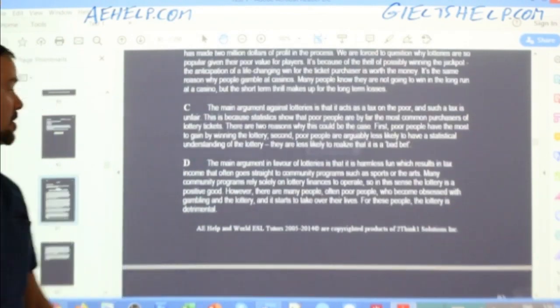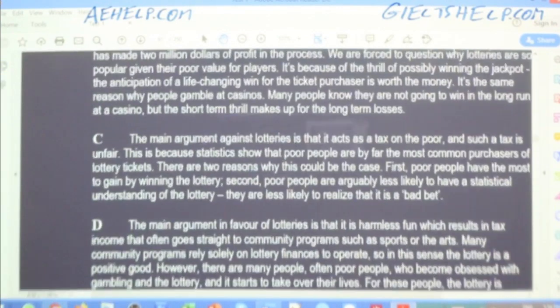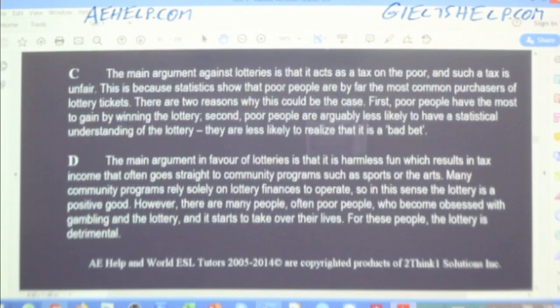So have a look at this one here. It's actually not a long paragraph, it's a short one, but it kind of has two points.